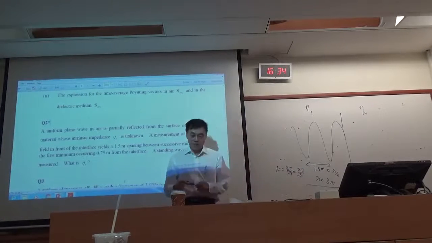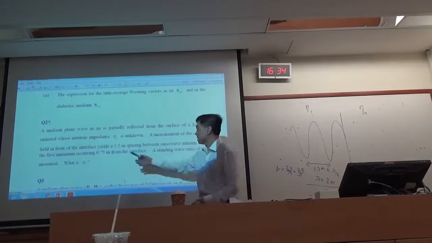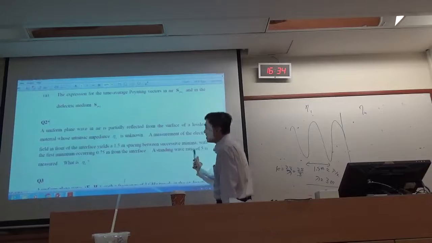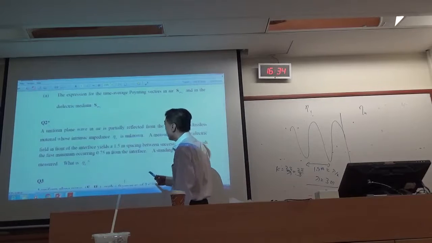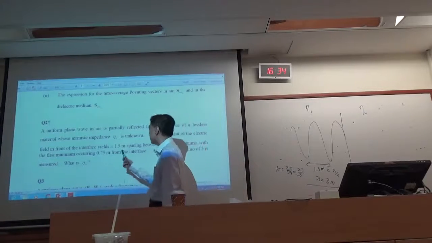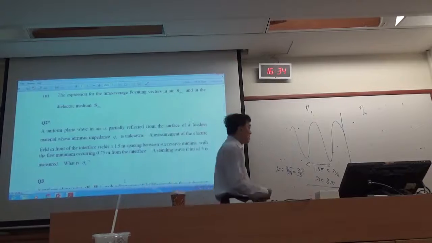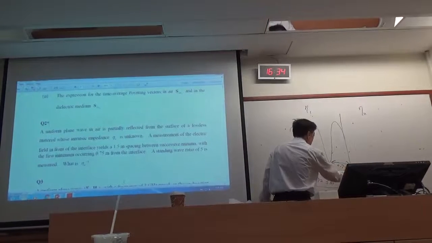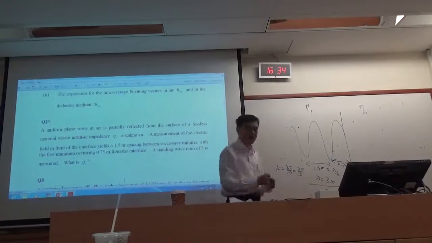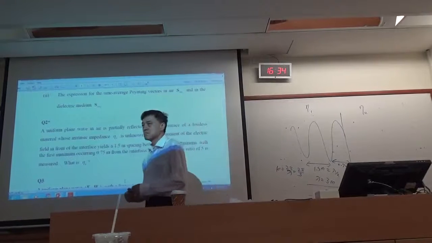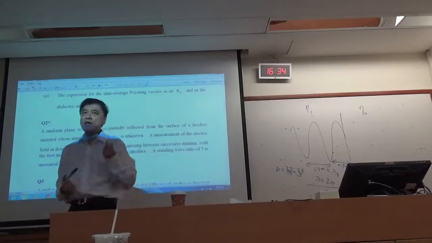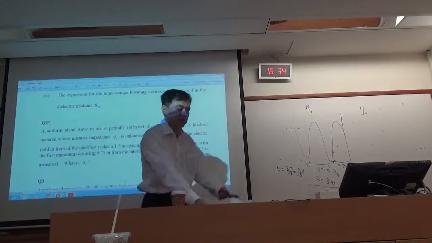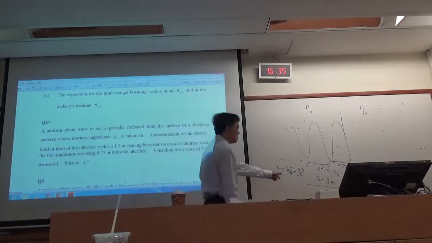Okay, what other things do we know? With the first minimum occurring 0.75 meter from the interface, they say that this is 0.75 meter. If the minimum is 0.75 meter, the standing wave cannot look like this.